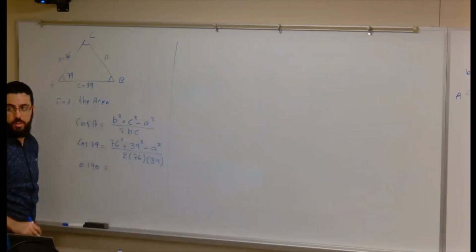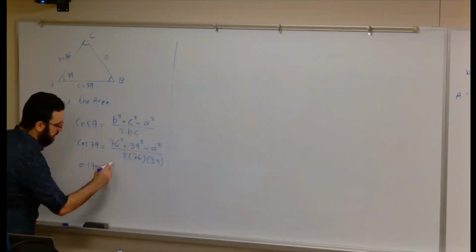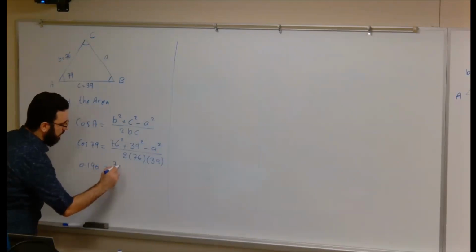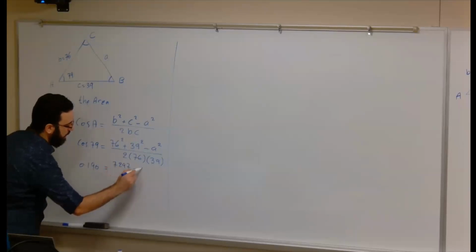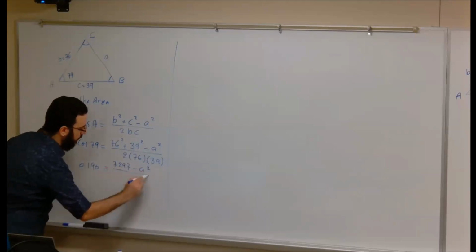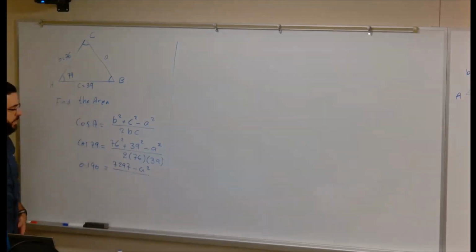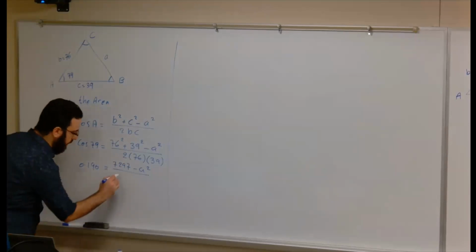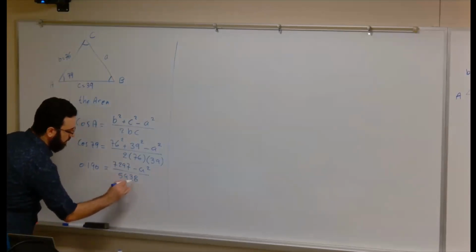How much is going to be? 7,000. How much? 7,297. Okay. Minus A squared over 2 times 76 times 39. 5,928. Okay.